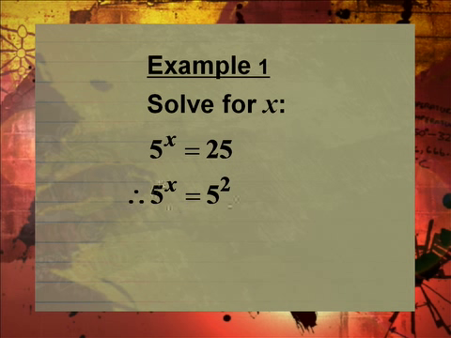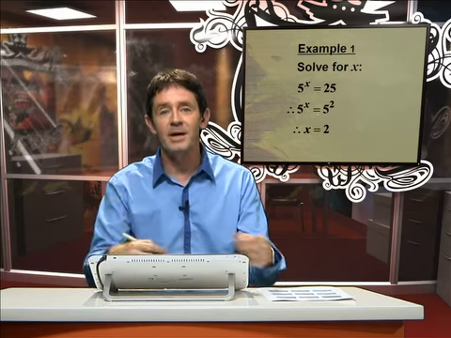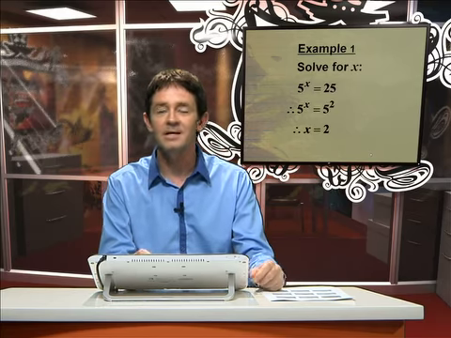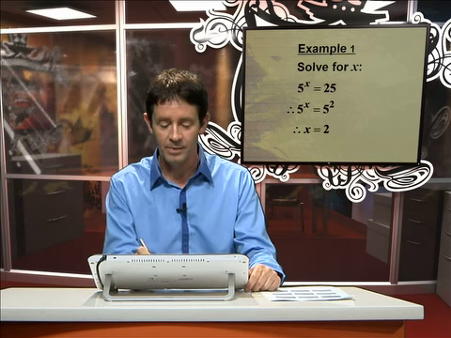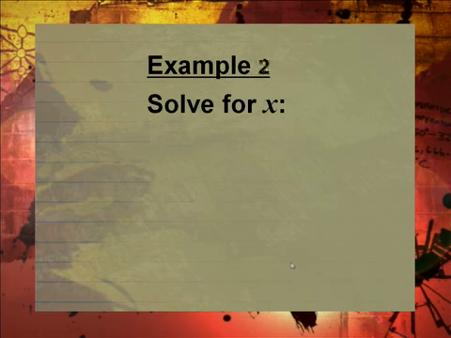If these are equal, what must x be? It's got to be 2 to make it 5 squared. So in maths, if the bases are the same, we equate the exponents, or more simply put, we drop those bases and make the exponents equal to each other.